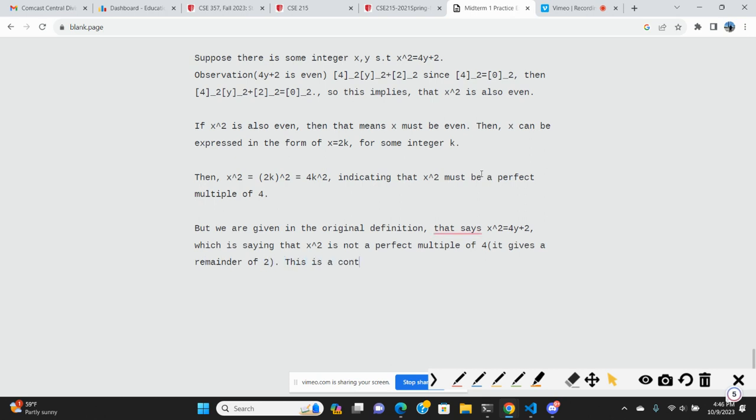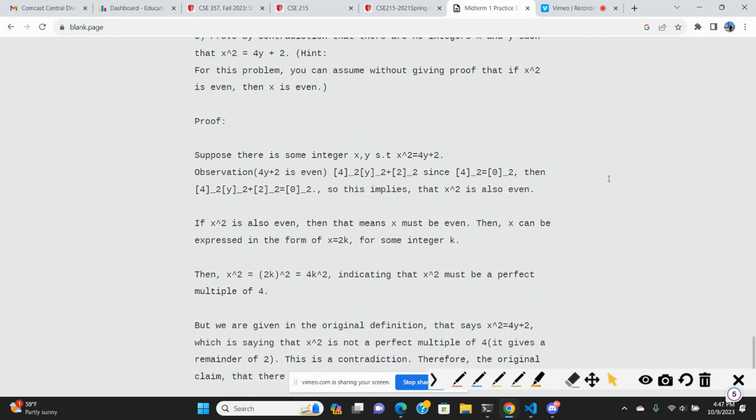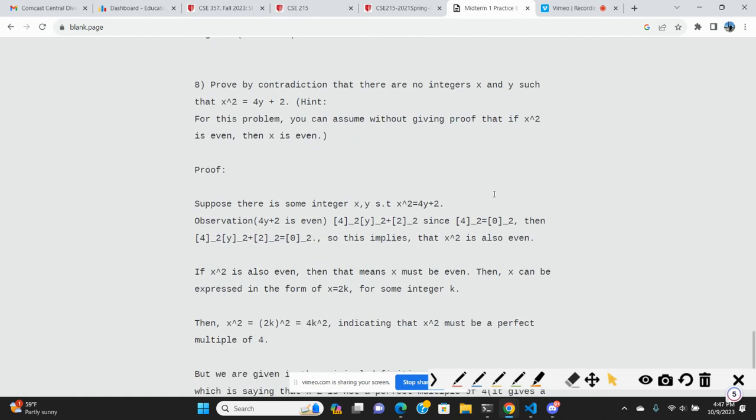This is a contradiction. Therefore, the original claim that there are no x, y such that x squared is equal to 4y plus 2 is true. And that is our proof by contradiction.